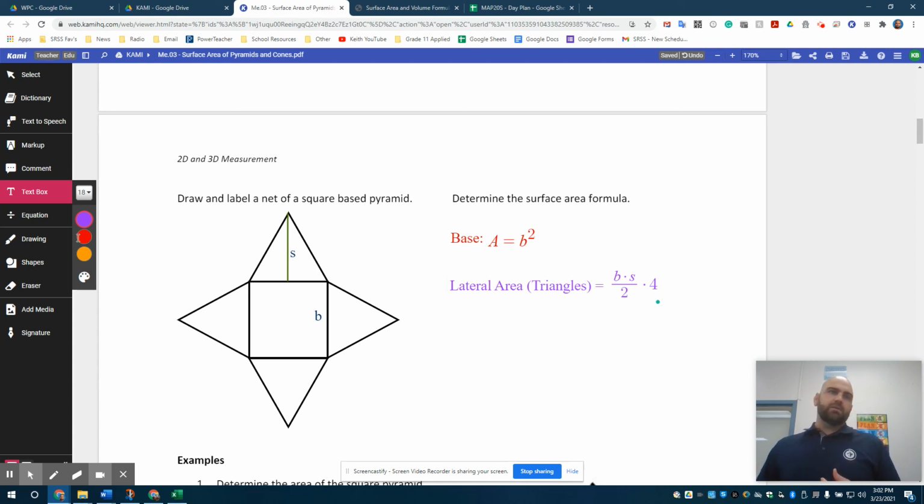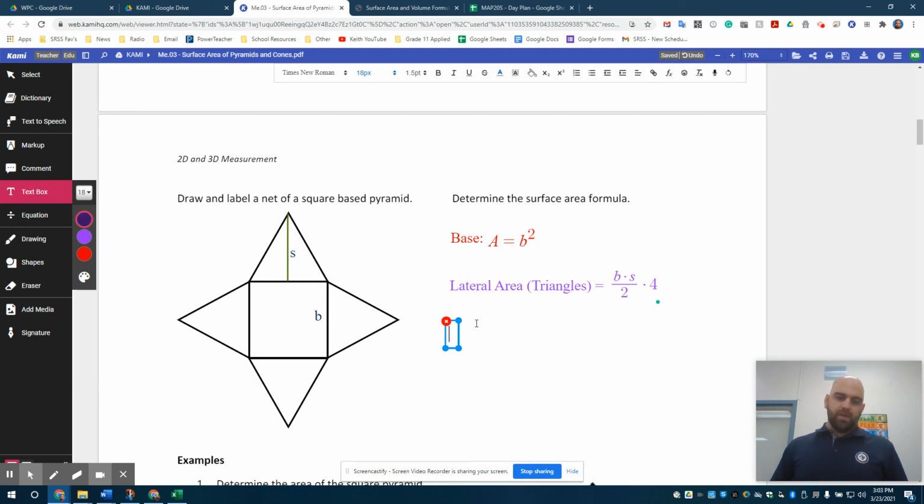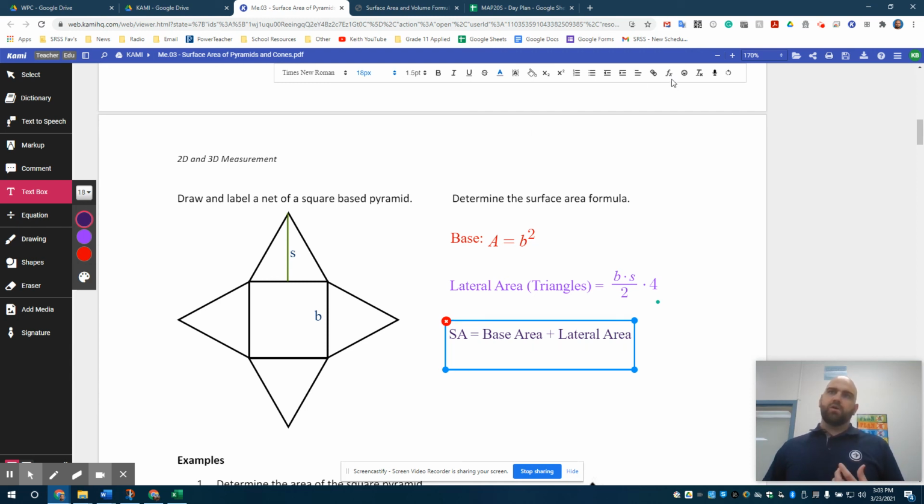Now to find the surface area of any pyramid, I'm just going to write out surface area is equal to the base area plus the lateral area. So if we want to think of this as being an equation, our base area is b squared.